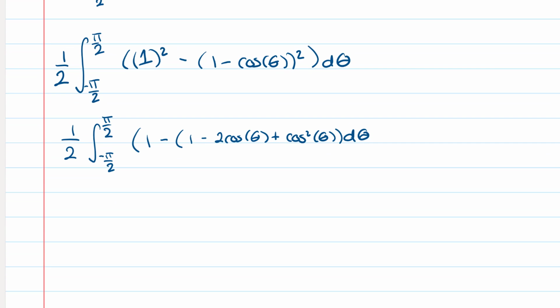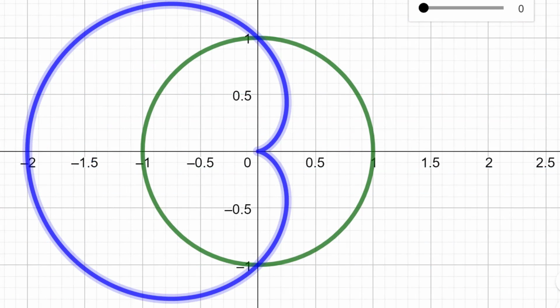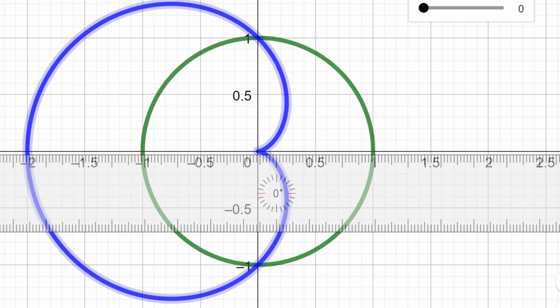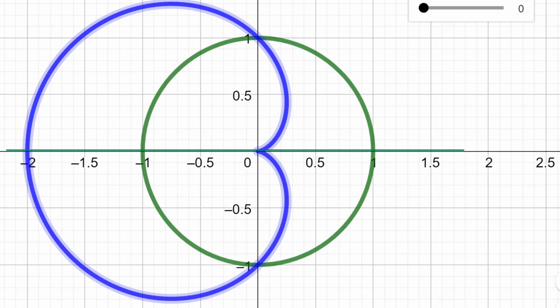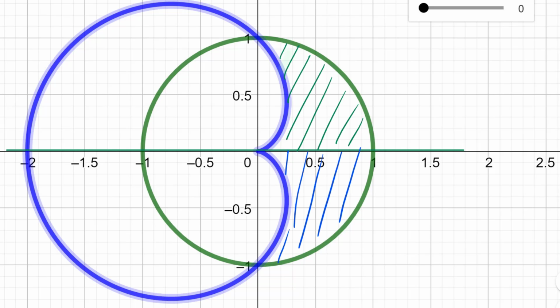And then, using symmetry, I'm going to go ahead and look at our graph one more time. We can see that if we were to divide the graph in half right here, if I were to cut that graph in half, then the area from 0 to pi over 2 would match the area from negative pi over 2 to 0.